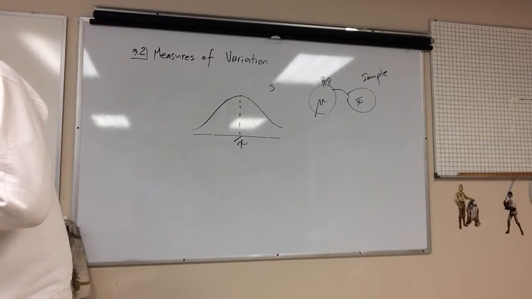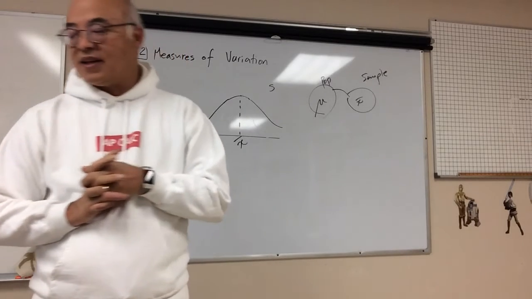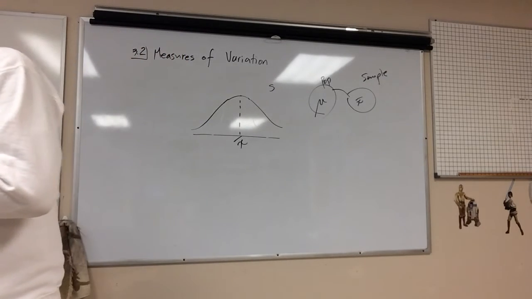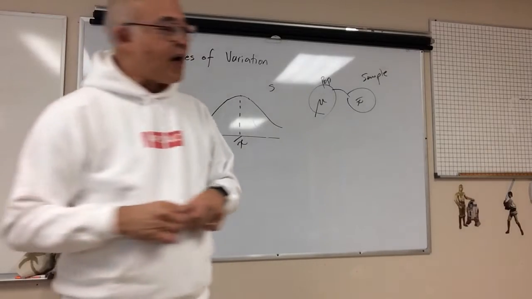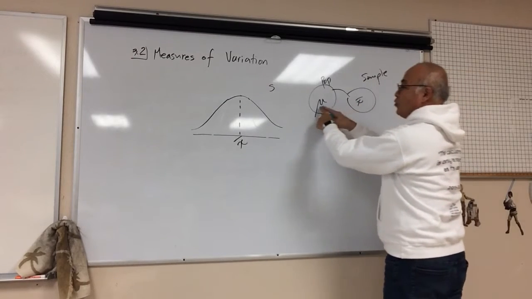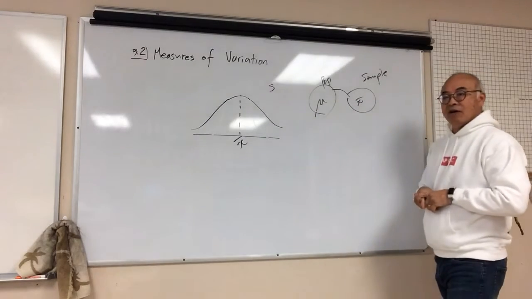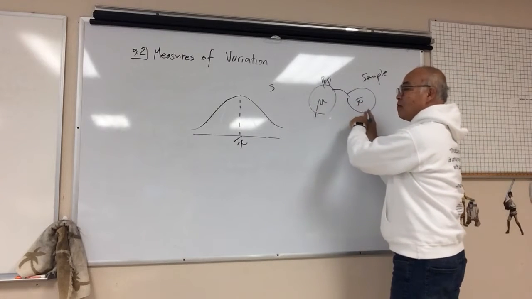Standard deviation is a biased estimator. We'll get into that a little more later on. A biased estimator is when I go from here back to infer back here. When I'm looking at the mean and the mean here, it's an unbiased estimator.